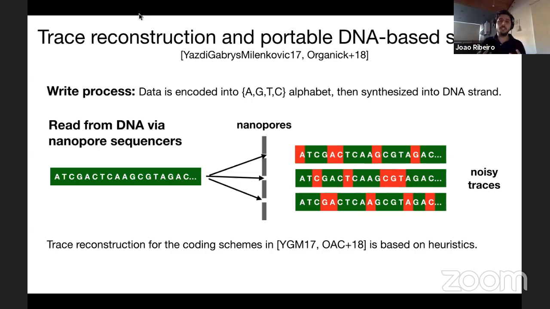The way this is done in portable DNA-based storage is by what's called a nanopore sequencer, where you take a DNA strand on the left, you send it through several pores, and each pore produces a noisy read of the contents of your DNA strand. So in a sense, this is a trace reconstruction problem because from these noisy reads, you want to recover the contents of the DNA strand.